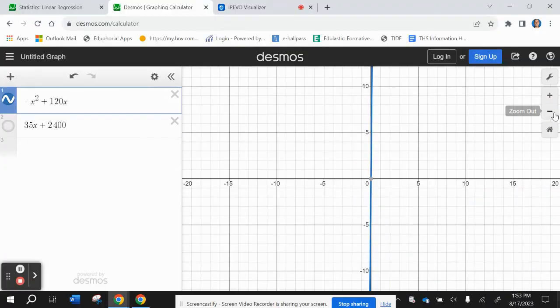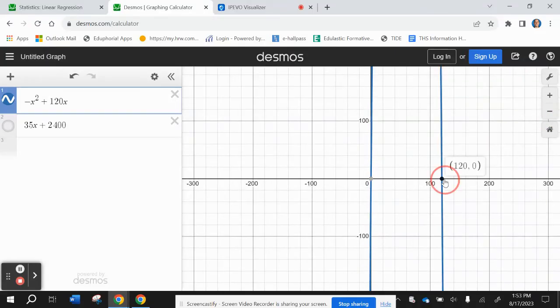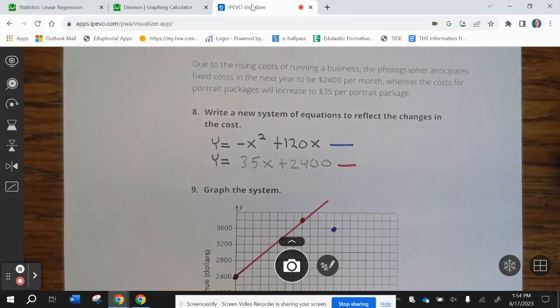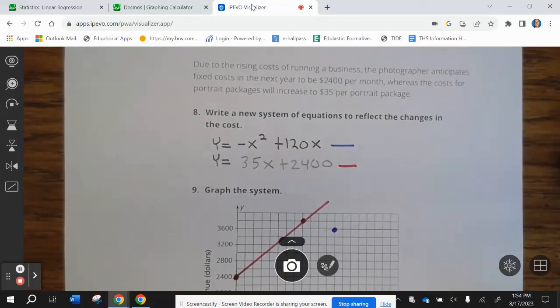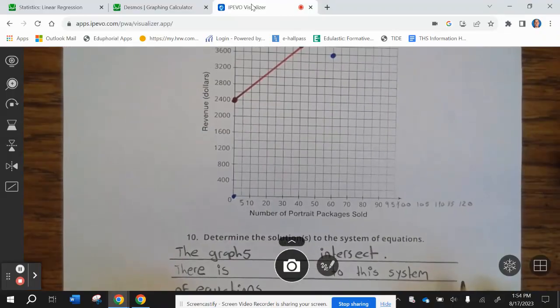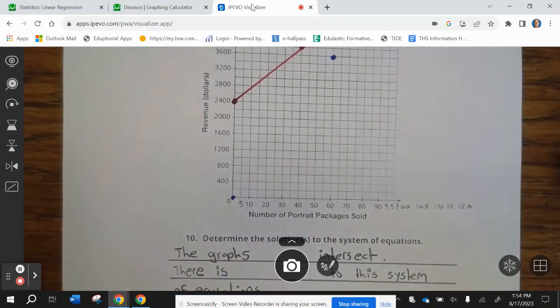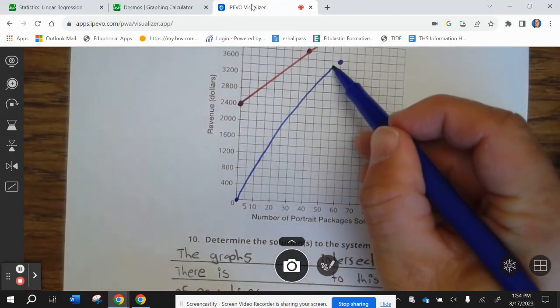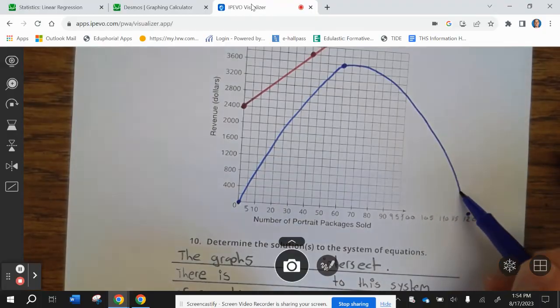And let's see if we can find where it crosses right there. 120, 0. It's not on the graph, but we can kind of mark that off. If these are counting by 5, 5, 10, 15, 20. So this would be 95. This would be 100, 105, 110, 115, 120. Could be about there. Okay. So we can use that point right here. So we know the graph goes up. Come back down to there.